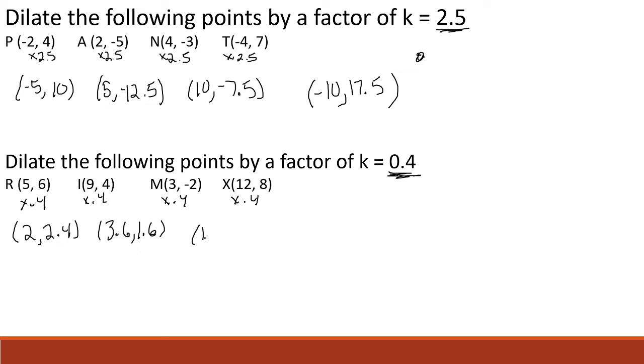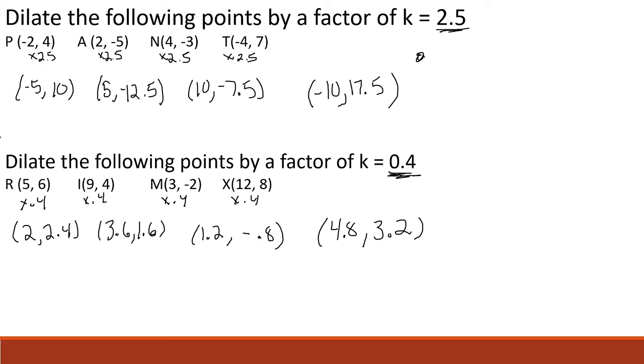Over here, we're going to have 1.2 and negative 0.8. And then for our last point here, we're going to have 12 times 0.4, which is going to give me 4.8, and then 8 times 0.4, which will give me 3.2. So those would be my new points.